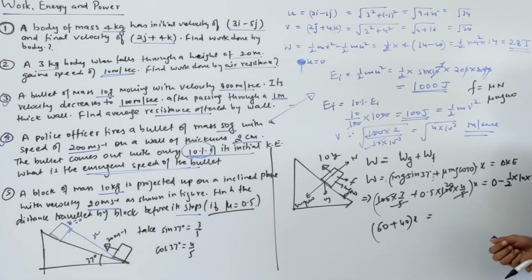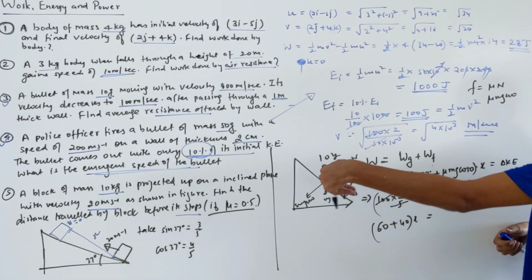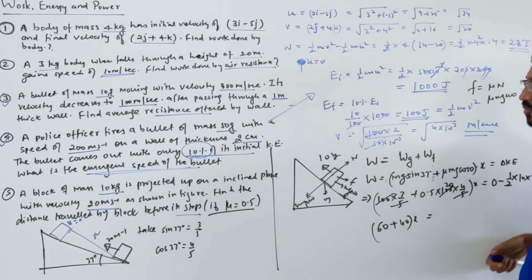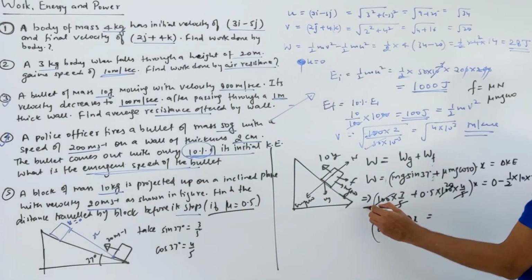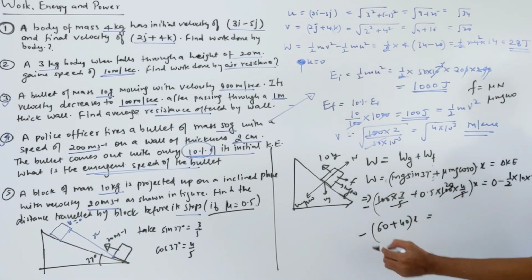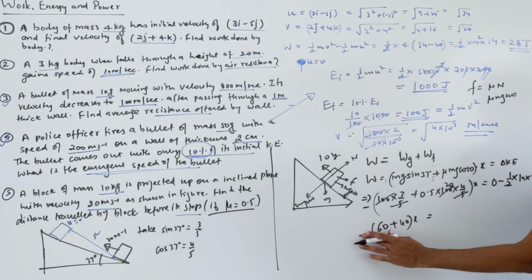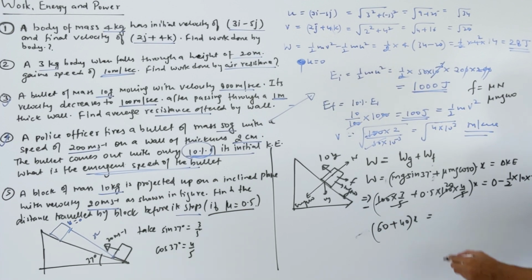And very important, you know that these forces are opposite forces, right? The body is moving upward and these are downward, so this work done is negative. You can put a minus sign outside, no problem. So this becomes minus half. Okay, let's simplify this. You can cancel, 10 times, so this becomes 2000.